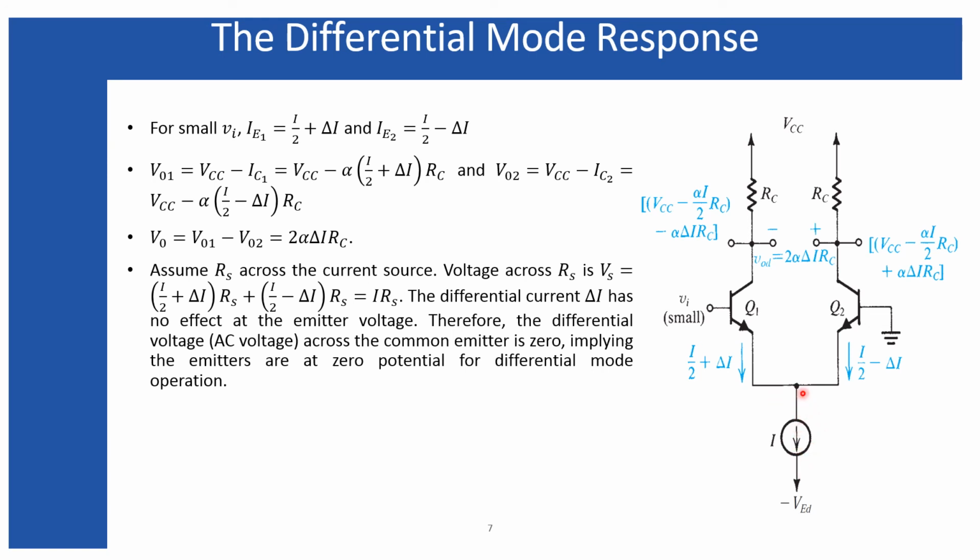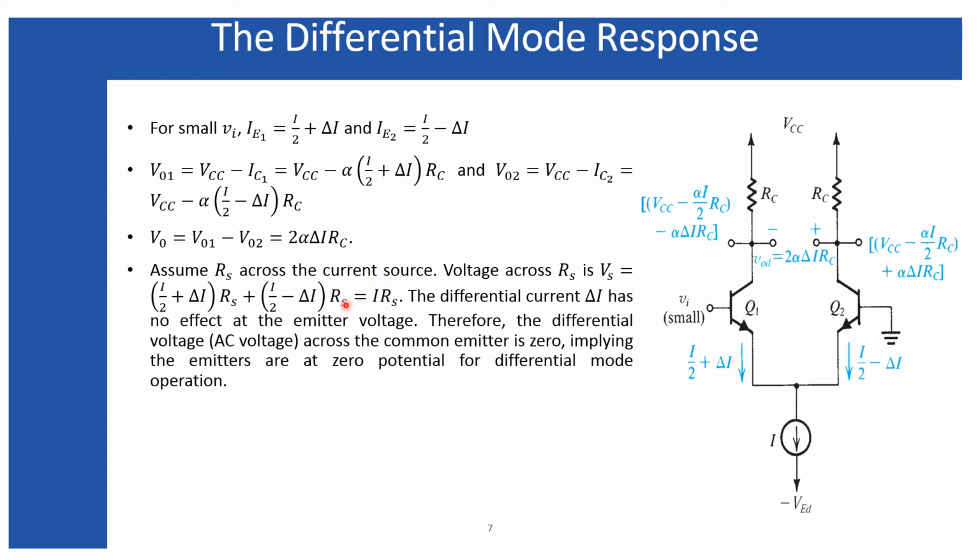The potential across that Rs is obviously due to the presence of the two emitter currents. Due to the emitter current of Q1, the potential across Rs is I divided by 2 plus delta I times Rs. But for the emitter current of Q2, that potential is I divided by 2 minus delta I times Rs. The total voltage across the current source is therefore I times Rs.